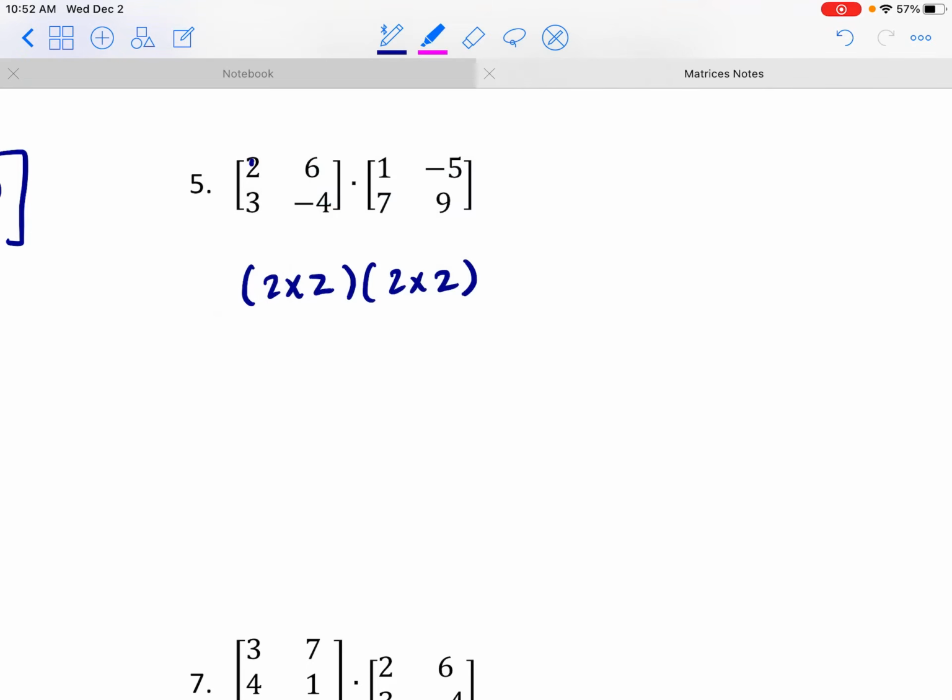What we need is for the number of columns in the first to equal the rows in the second, and that's true. Since those are equal, we can multiply, and our answer will contain the number of rows from the first and columns from the second. So our answer is going to be a 2 by 2.